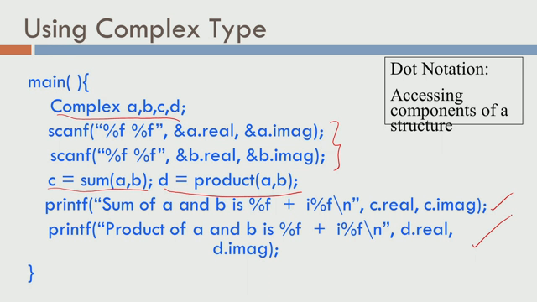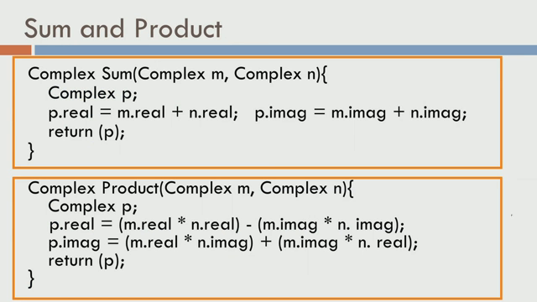Let us see how the sum function and product function are going to be written. The sum function is supposed to take two complex numbers m and n. Inside we have a local variable called complex p. So p is a local variable.